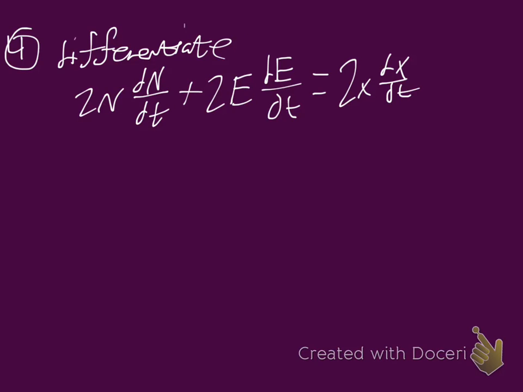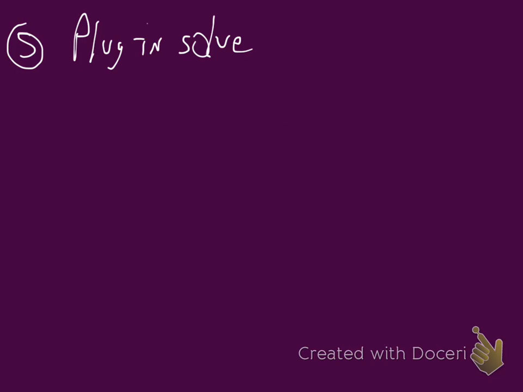Which isn't that difficult actually when you think about it. N and e and x are distances. I'll keep this here, but we know that distance equals rate times time, right? That's always true.